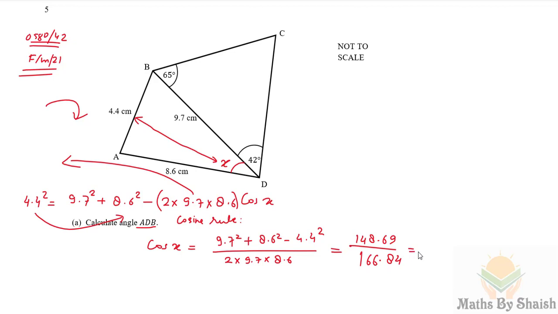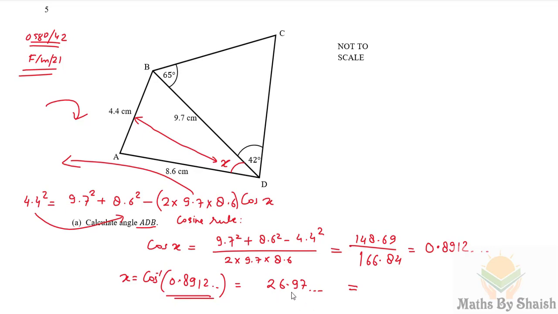So we will divide 148.69 by this, and the answer is 0.891213 and so on, and hence cos X is this, so X would be cos inverse of this value. We are going to use the answer key in place of this, and use cosine inverse from the calculator, cosine inverse of answer, and this value is coming 26.973 and so on.